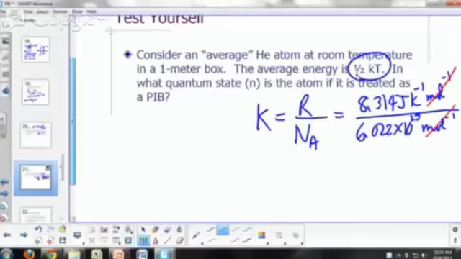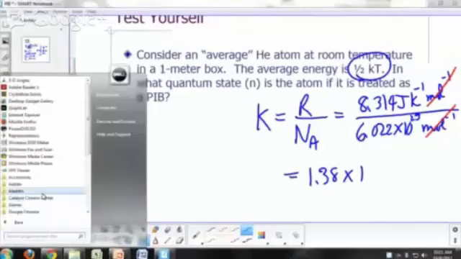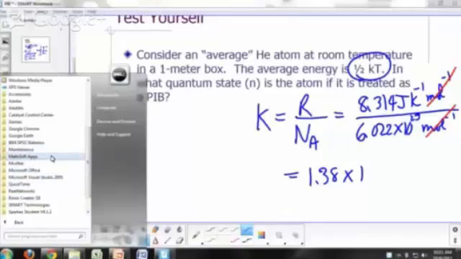So what do we get now? Per mole cancels out. So Boltzmann's constant is 1.38 times 10 to the... let me just bring up the math again.